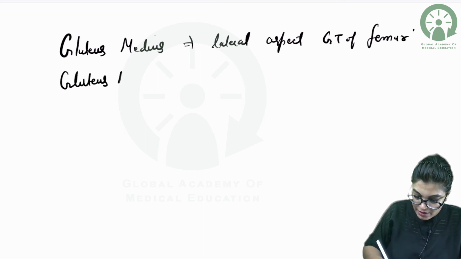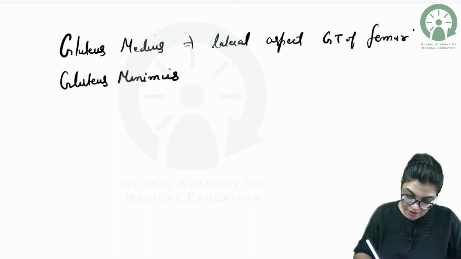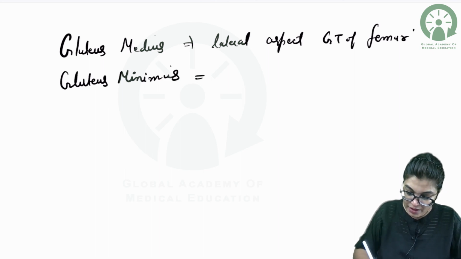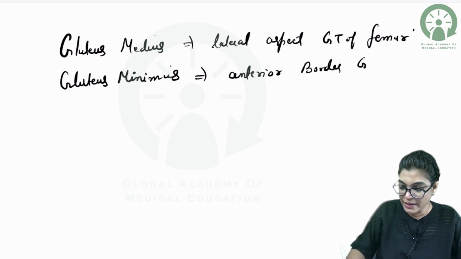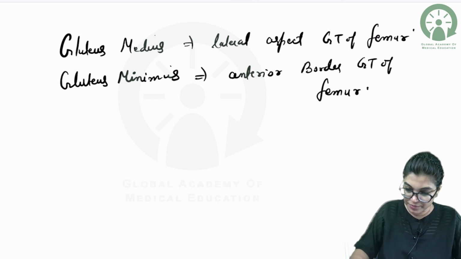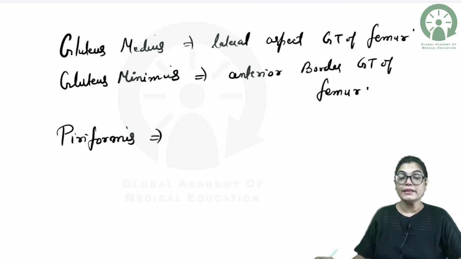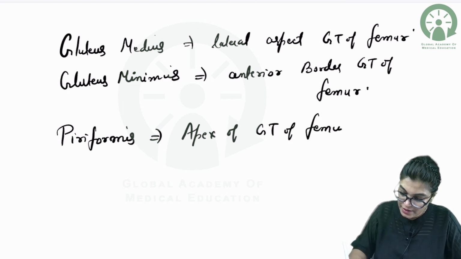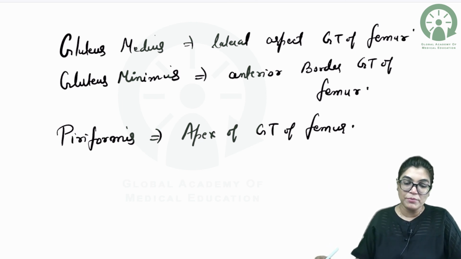Gluteus minimus muscle is attached onto the anterior border of greater trochanter of femur. Piriformis muscle is attaching onto the apex of greater trochanter of femur, just proximal to the attachment of obturator internus, gemellus superior and gemellus inferior.